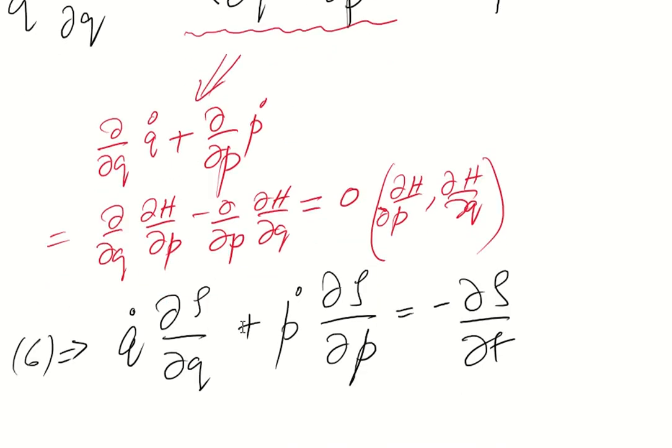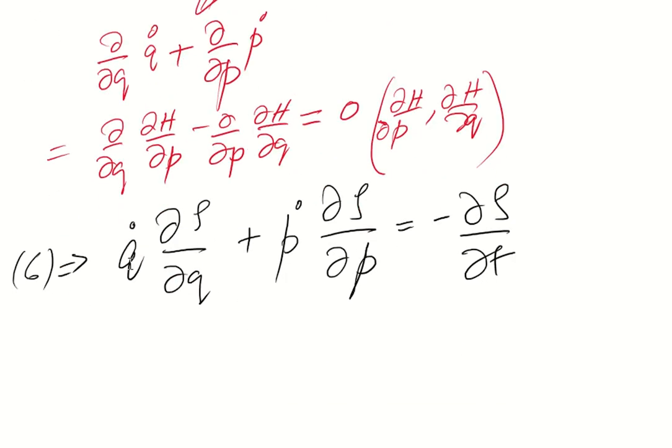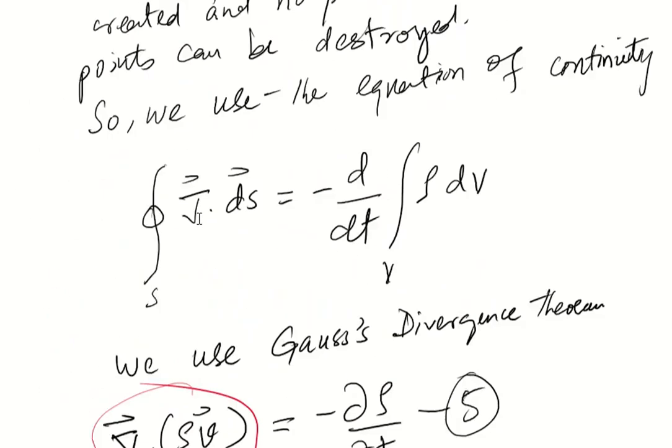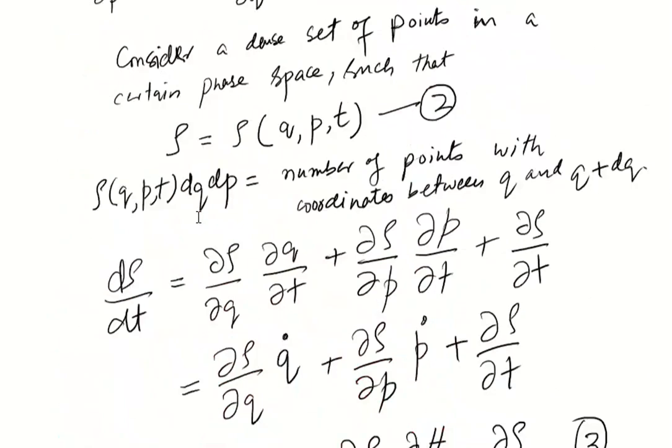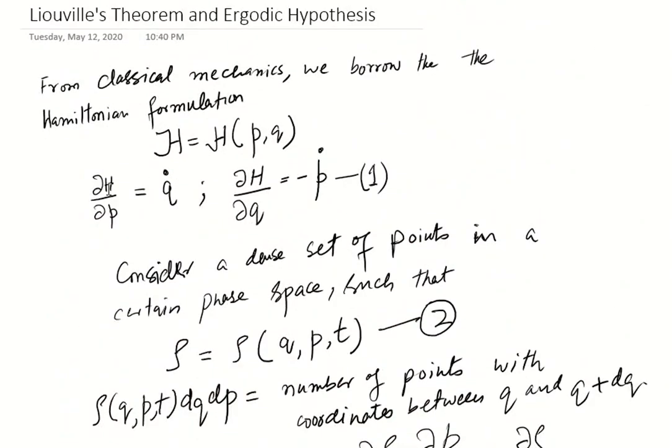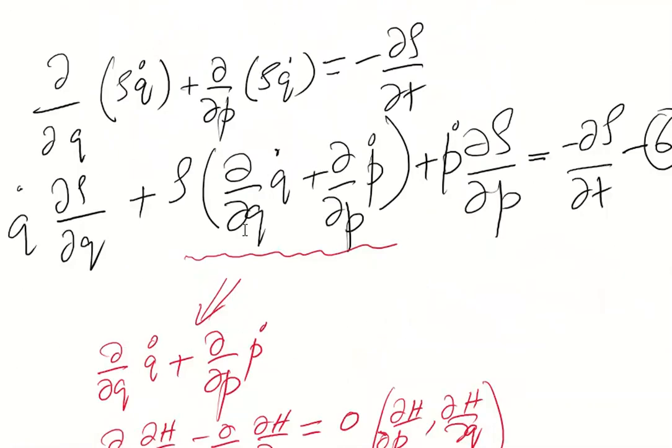So from 6 we get this, and again if you put the values of q dot and p dot in this equation, from 1, q dot is partial h over partial p and p dot is minus partial h over partial q.